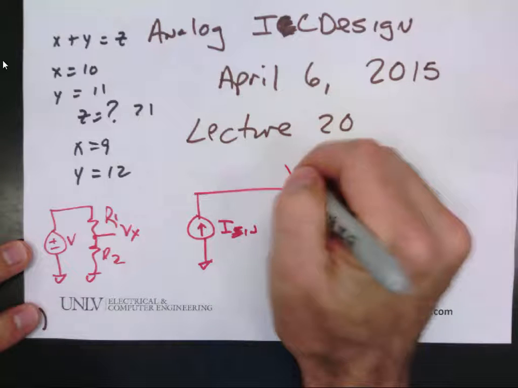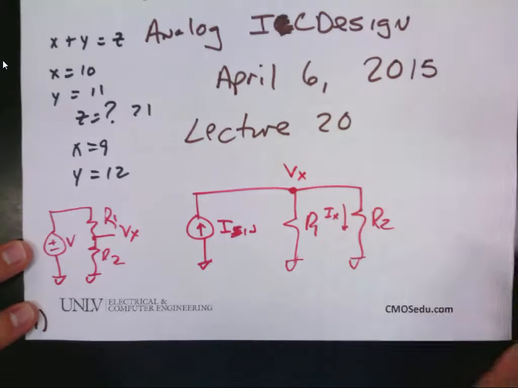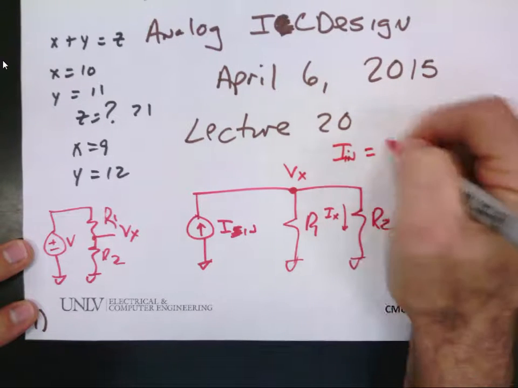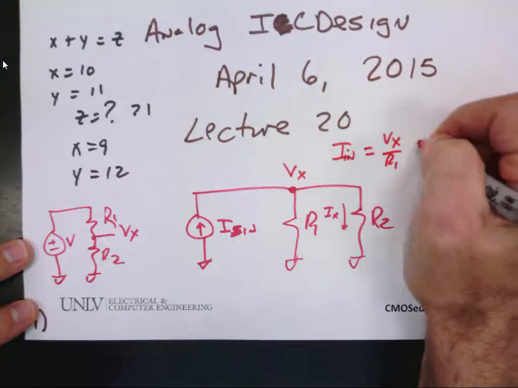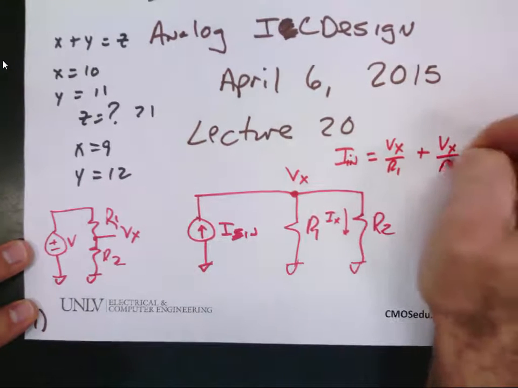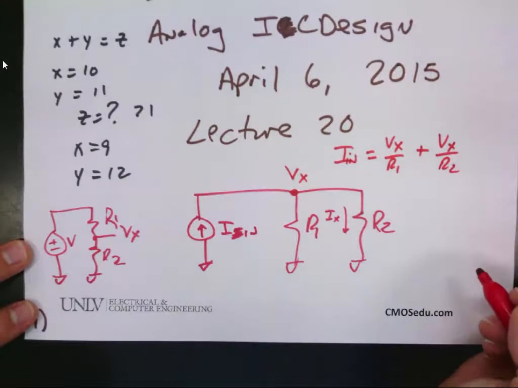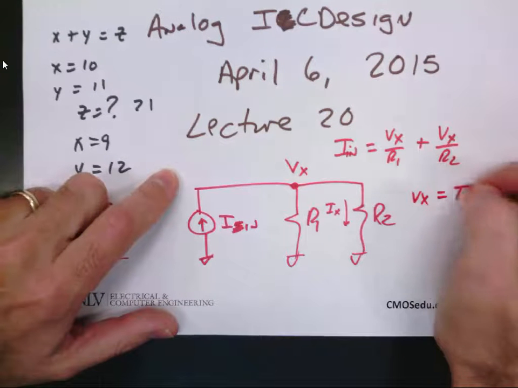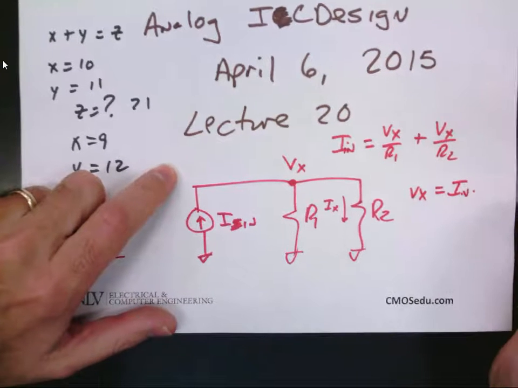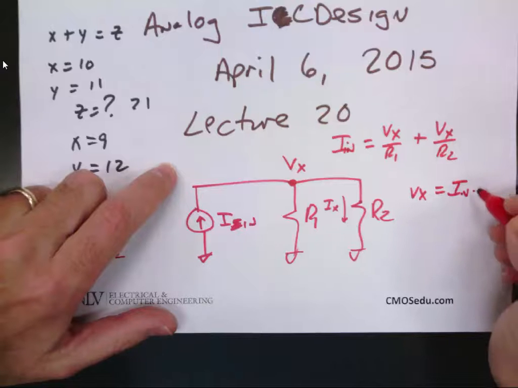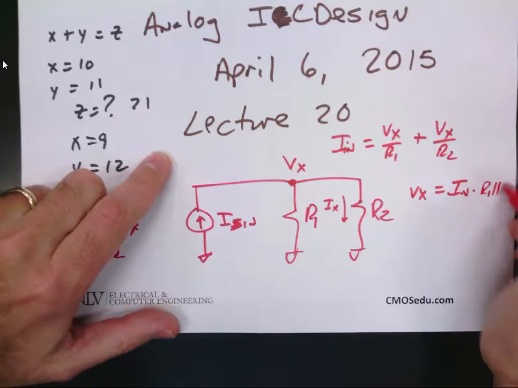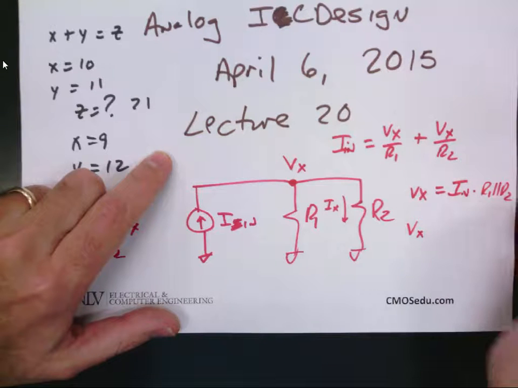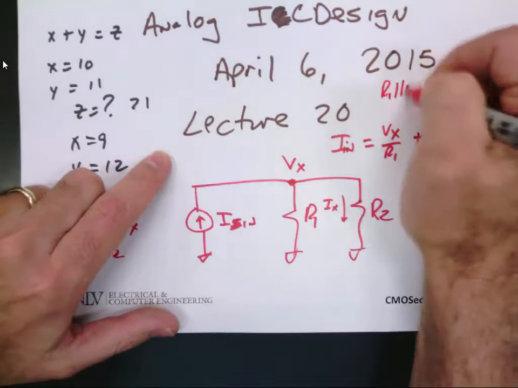So label this node, say Vx. Then you say IN equals Vx over R1 plus Vx over R2. Vx equals IN times R1 in parallel with R2. Or would everybody be okay if I wrote that as, what is R1 in parallel with R2 equal to?